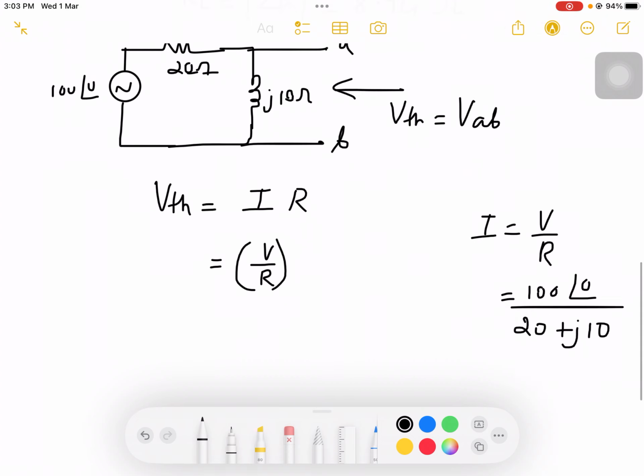If I simplify this, I will get the current as 4.472 at an angle of minus 26.56 amps.